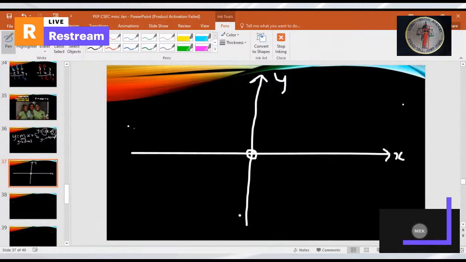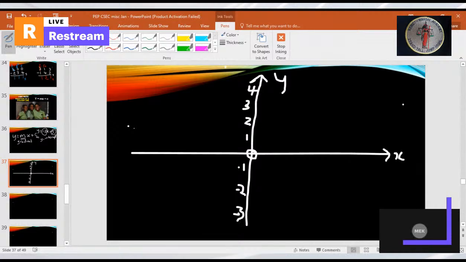Down here is our negative y-axis. This is the positive x-axis to the right of 0, and this is our negative x-axis. Say on the y-axis we had a scale of 1, 2, 3, 4, and so on, and negative 1, negative 2, negative 3.